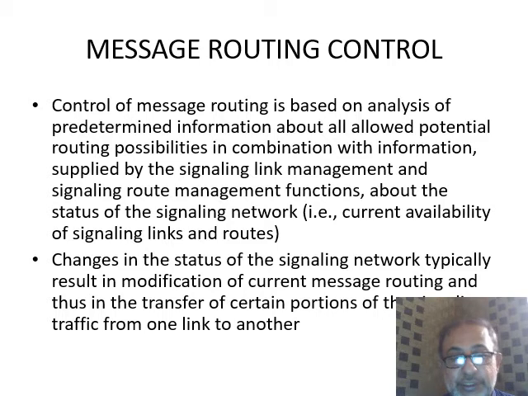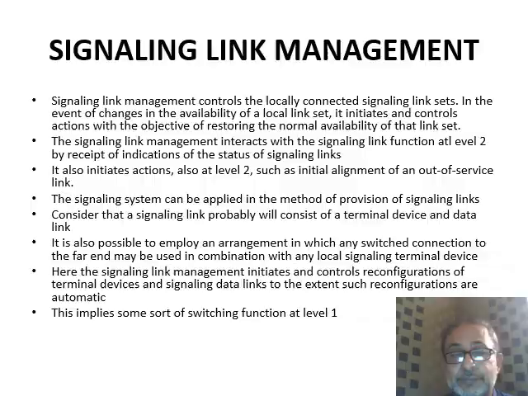Then the changes in the status of the signaling network typically result in the modification of current message routing and thus the transfer of certain portions of the traffic from one link to another.